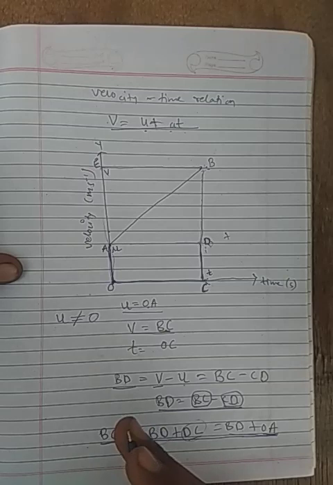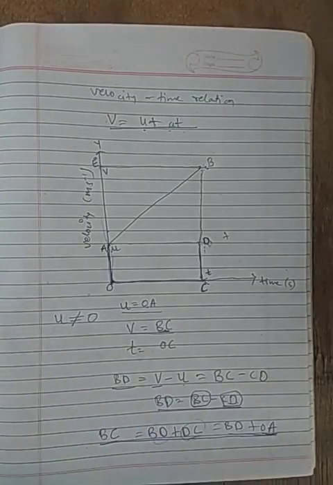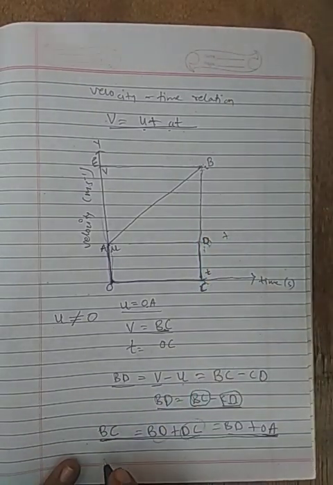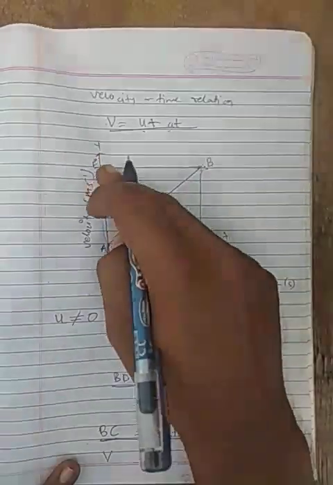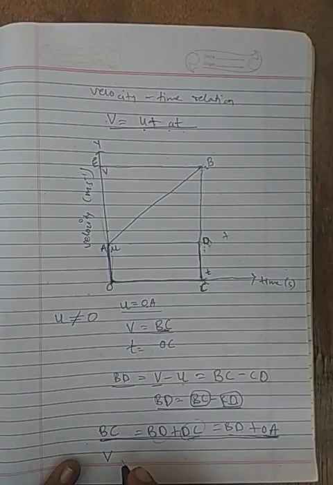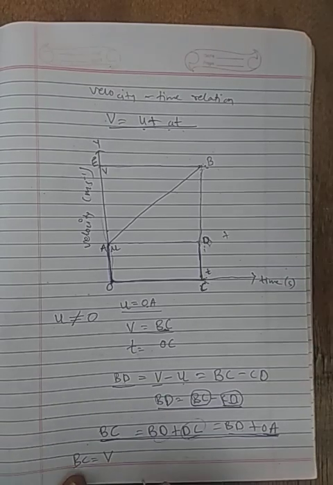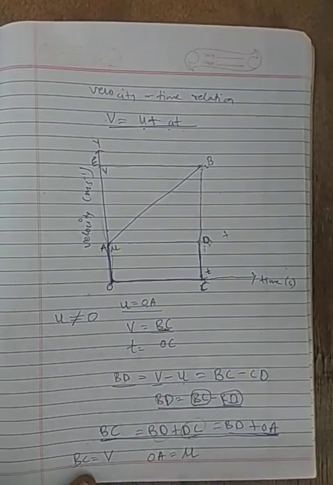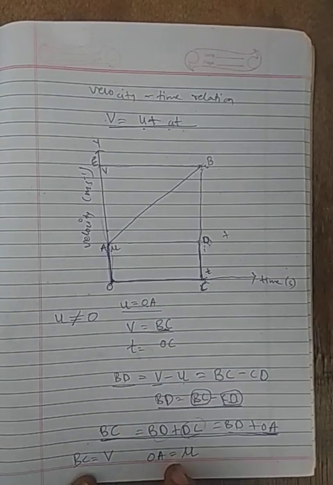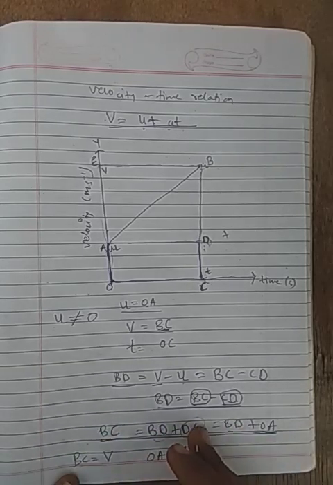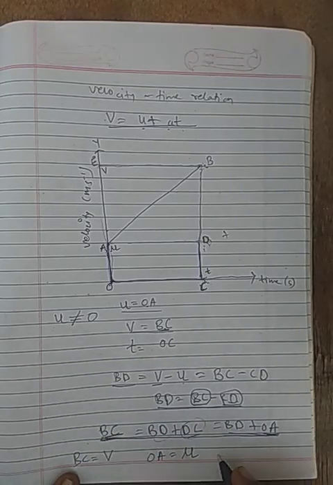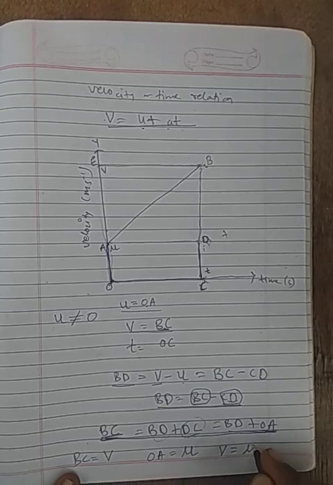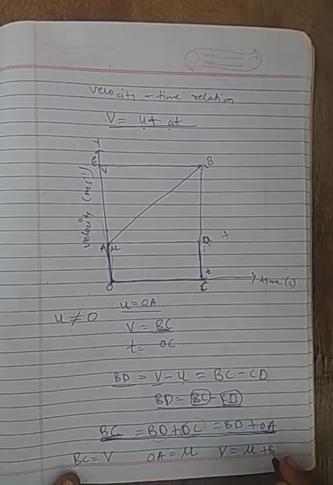Now if we put our substitutions: BC is the velocity which it has gained, so BC is equal to V, and OA is the initial velocity, which means U. If we substitute this in the equation, you will get that BC, meaning V, is equal to OA, meaning U, plus BD.